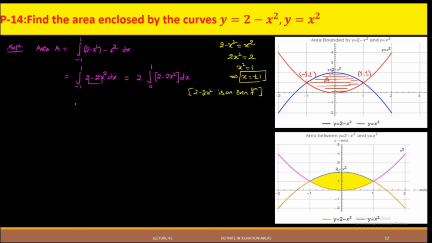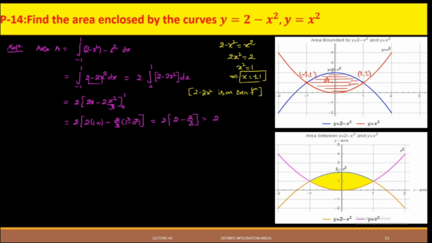So that is equal to 2 into, if I integrate this integrand, it is 2x minus 2 into x cubed by 3. The limits are from 0 to 1 now. So that is equal to 2 into 1 minus 0 minus 2 by 3 into 1 cube minus 0 cube. That is equal to 2 into 2 minus 2 by 3.